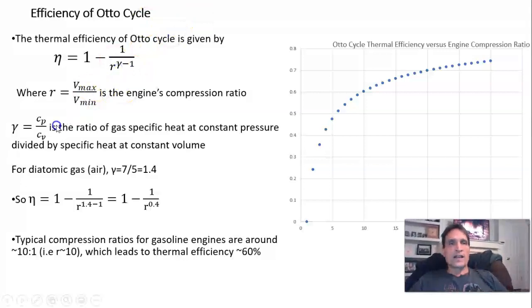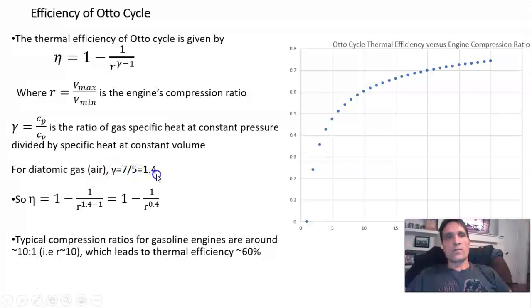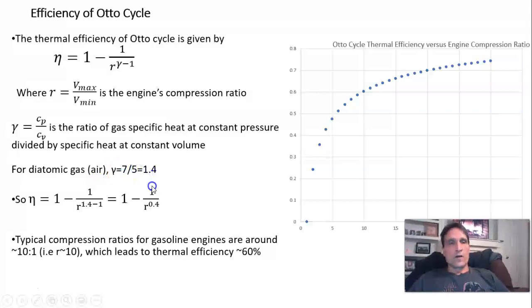And then gamma, remember we discussed this a little bit ago with adiabatic processes, is the ratio of the specific heat at constant pressure divided by the specific heat at constant volume. And air is a diatomic gas, so gamma is 7 over 5, 1.4, and our formula for the efficiency of an Otto engine, then, interestingly, depends only on this compression ratio of the engine.